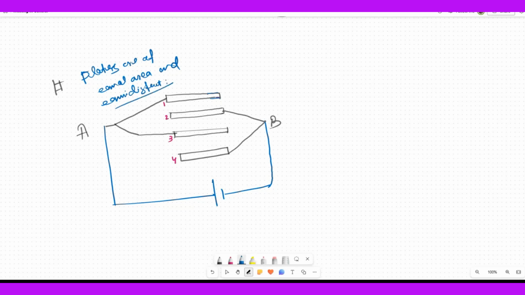Then you have to find the equivalent capacitance between them. After naming this, those points 1 and 3 are actually the point A. So you'll be taking these 2 points together, 1 and 3. These 2 points 2 and 4 are actually the point B. So you take 2 and 4 here.